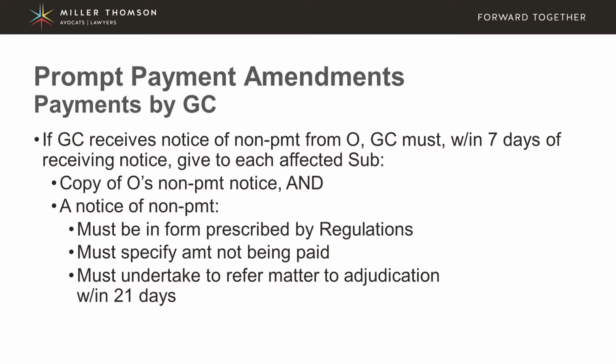Now, if a GC just gives a very general invoice that just has one lump sum and doesn't give an adequate breakdown, then this may not be possible because the owner may have to essentially just object to the entire invoice because it won't know which aspects of the invoice relate to which aspects of the work.